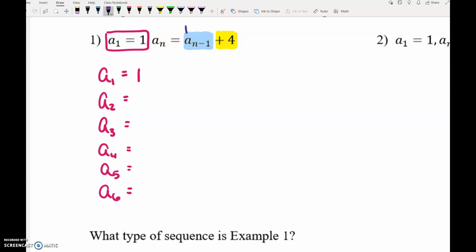So I'm going to actually write previous term plus 4. That means take your first term 1, add 4. What do you get? 5. Add 4. What do you get? 9. Add 4. Add 4. Add 4.